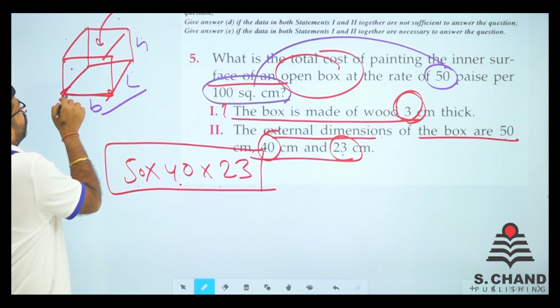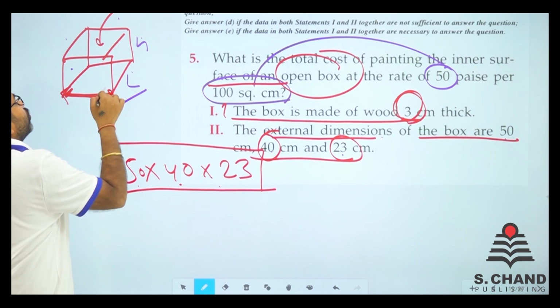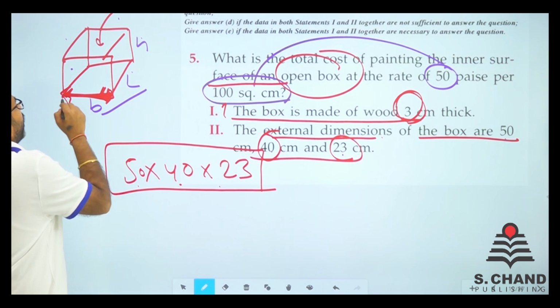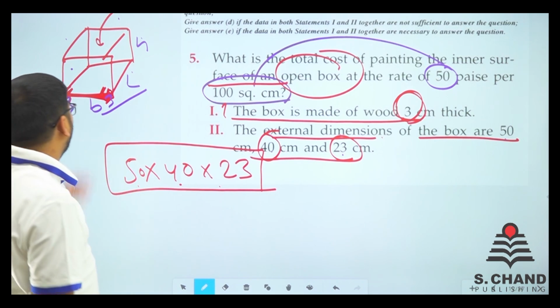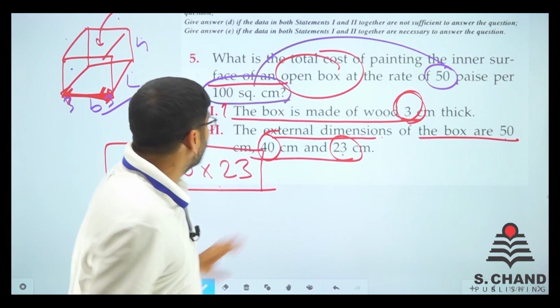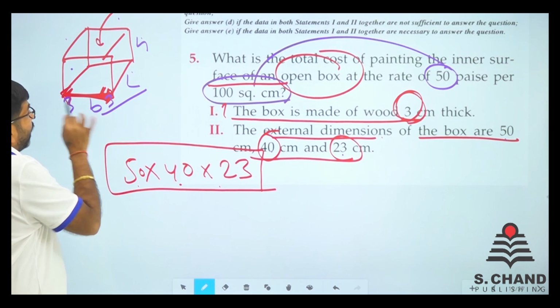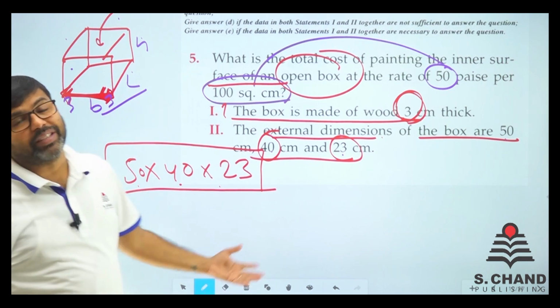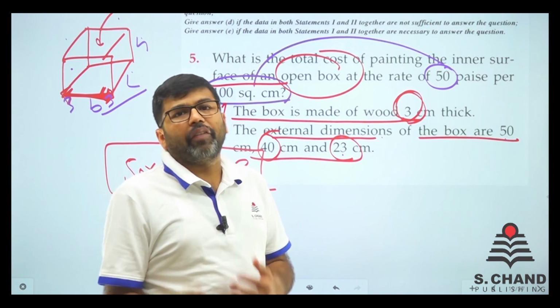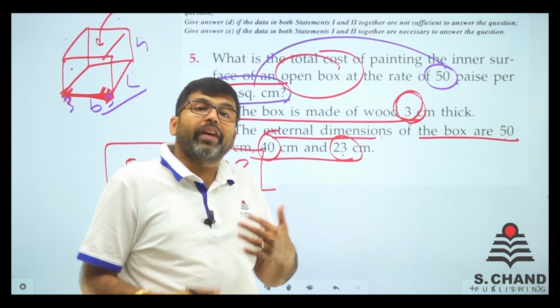So inner breadth is total breadth minus thickness 2 times, so 6, 3 here and 3 here. If we remove 3 from both sides, say the breadth is 40 centimeter. So 40 centimeter minus 6, that is 34 centimeter. In a similar way, we can find out what exactly we need.